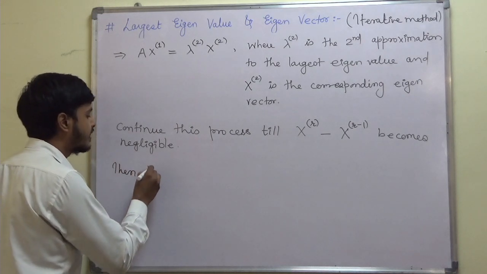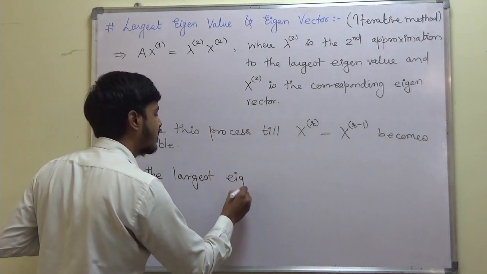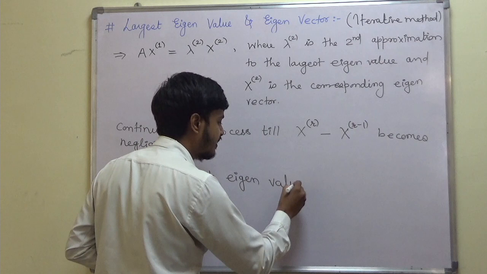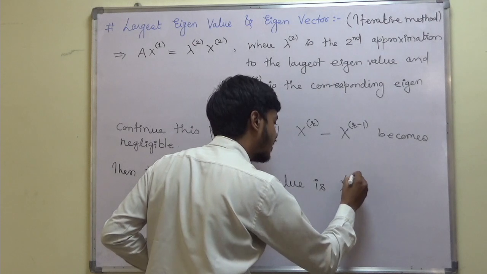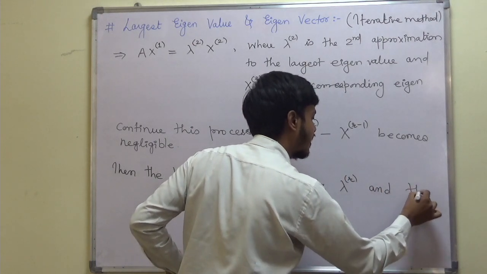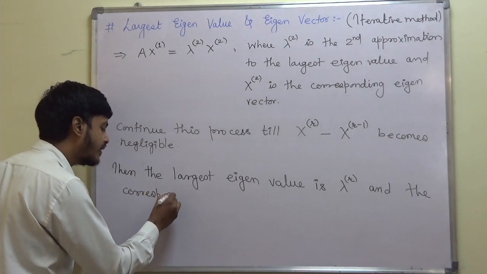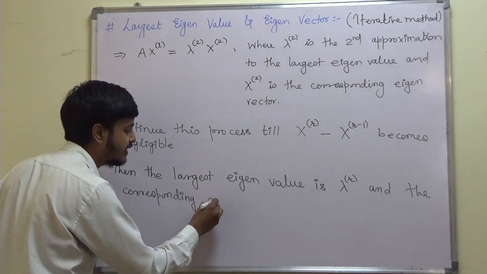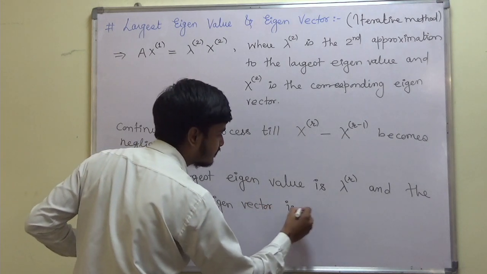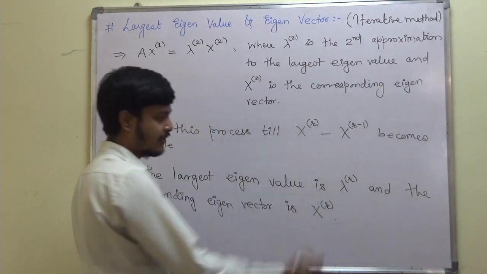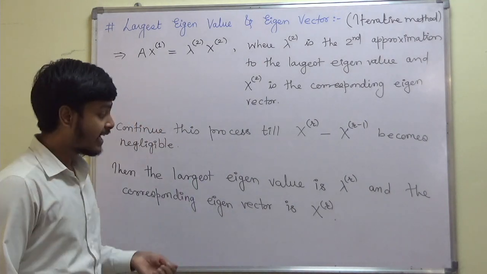Then the largest eigenvalue is lambda r, and the corresponding eigenvector is xr.